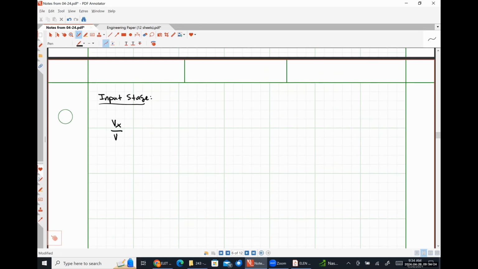the ratio of Vx to Vn is just going to be given by a voltage divider relationship where, actually, let me draw this out. So here's our input signal, Vn. Here we see our signal resistance, R sig, in series with some impedance 1 over SCn.